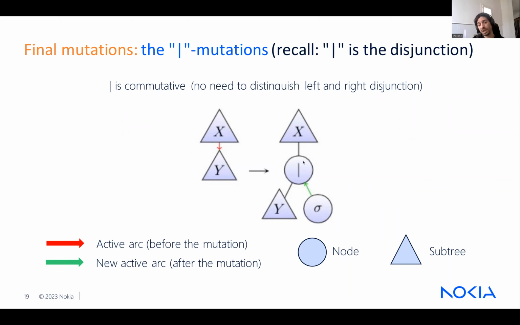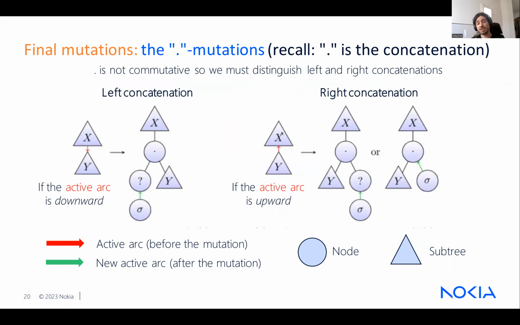We see that we introduce somewhere in the AST, like on the previous active arc, a binary node, a new leaf, and that the rest of the AST is unmodified. So we have a series of mutations that work in this manner. Here are the dot mutations, which are more complex because unlike the pipe, the dot is not commutative.